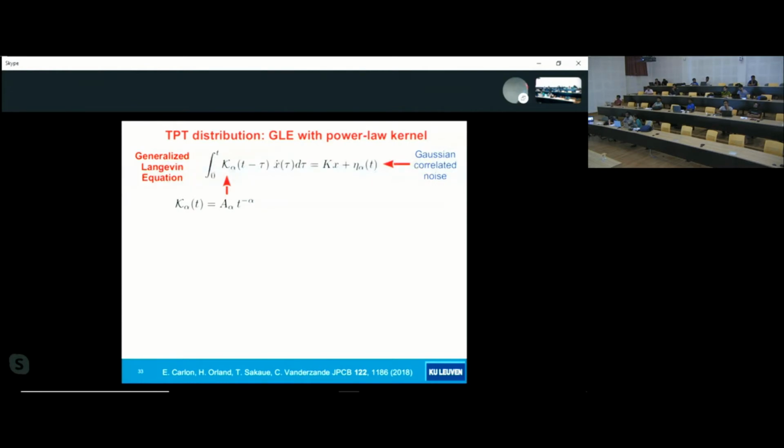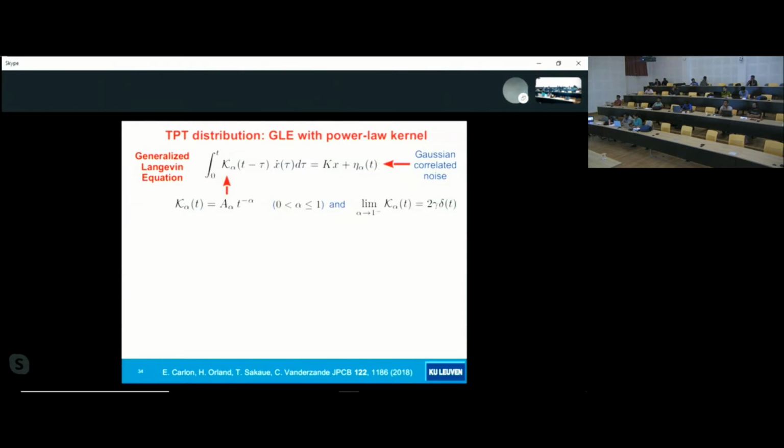If you put a delta function, you go back to the ordinary Langevin equation, but we use here, instead, a power-law correlated memory, because this is the strongest one can have, and it's also justified in some classes of polymer physics problems.